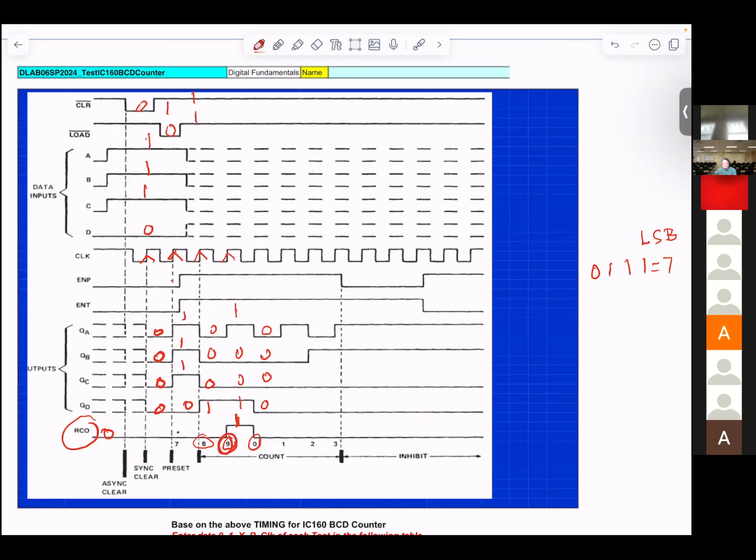It tells you, by looking at the output RCO here, I know the counter has already counted up to number 9. That's just the output telling people. When you see this going up here, it tells you the output of the counter reached number 9.